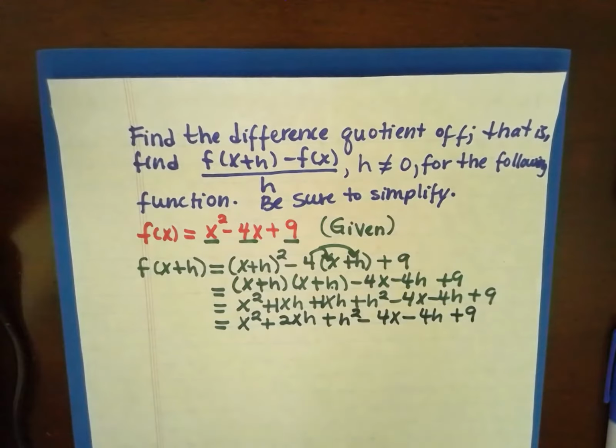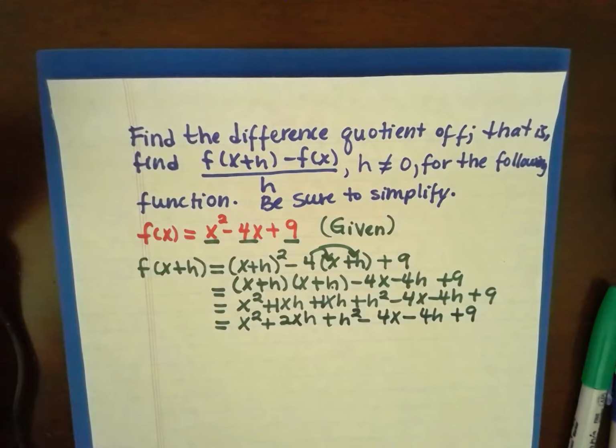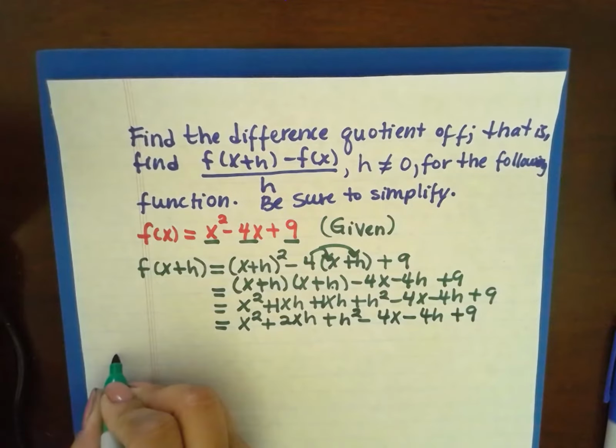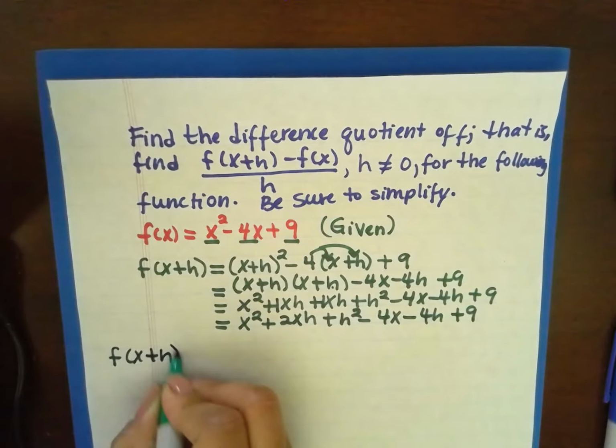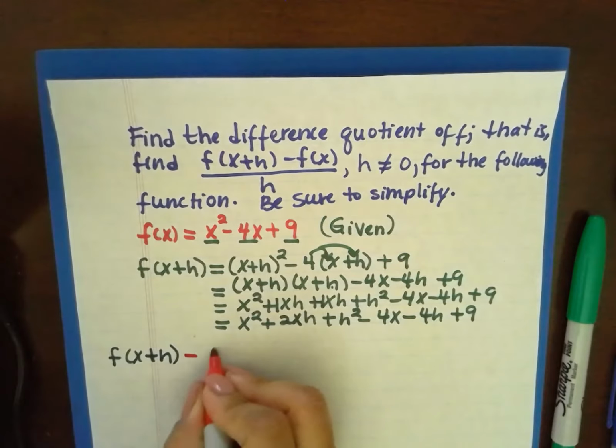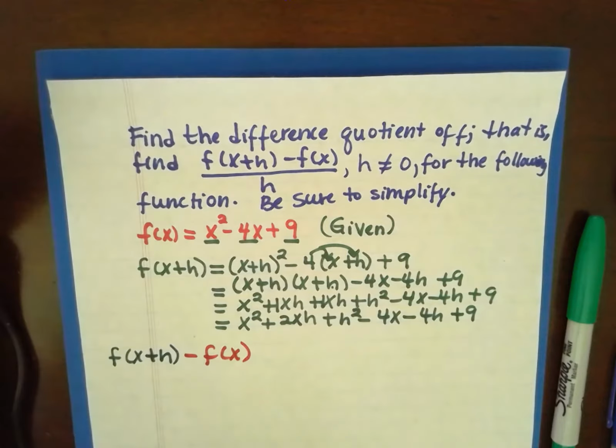Now we're going to insert this information into the original expression. I will continue using the colors to guide you into what we are doing in this exercise. So I'm going to go a little bit to the side. And remember that we are finding f of x plus h minus f of x divided by h.